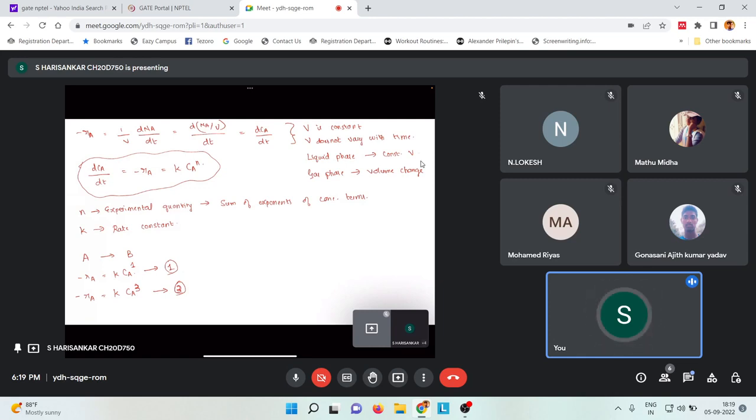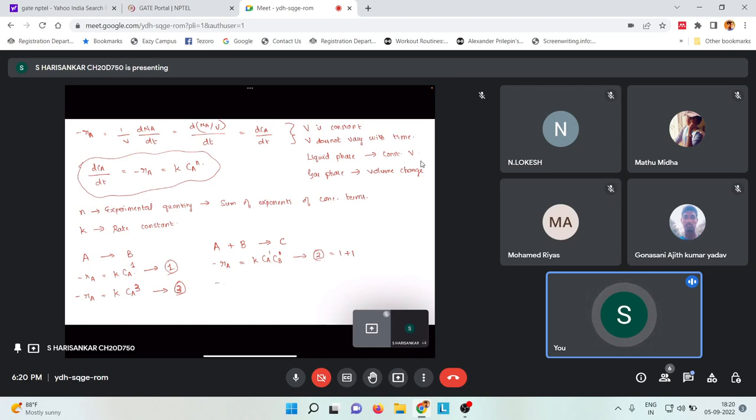Another case, a simple reaction A plus B gives C, and if the rate is Ra is equal to k Ca Cb, the order will be 2, because Ca is raised to 1 and Cb is raised to 1, and the order is the sum of the exponents of the concentration terms, so 1 plus 1 gives 2.